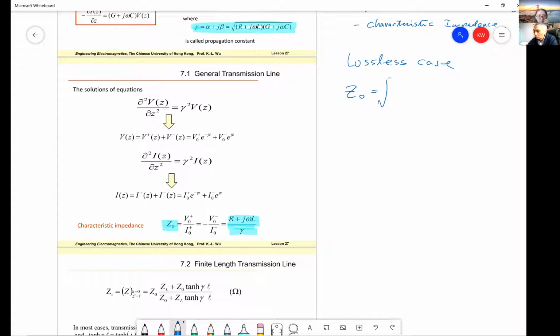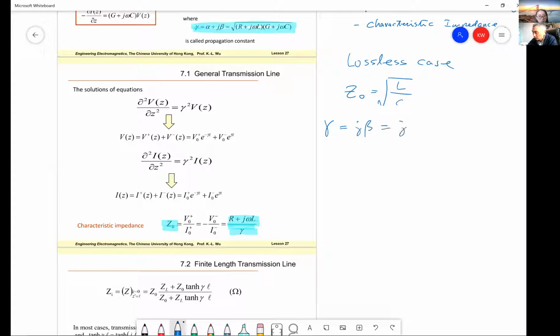The characteristic impedance is square root of L over C. Then gamma becomes j beta.